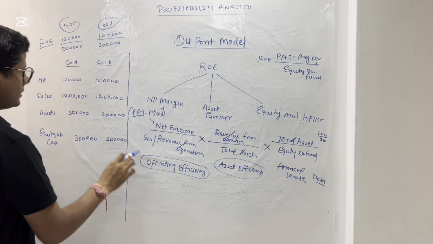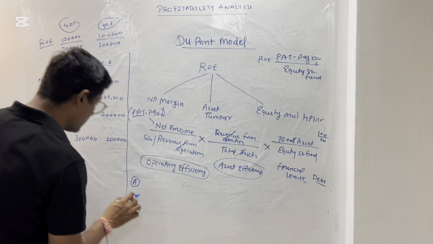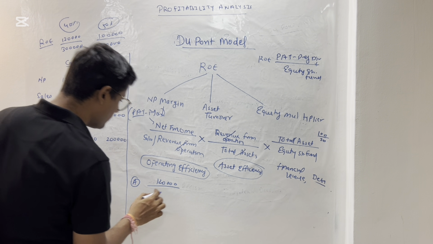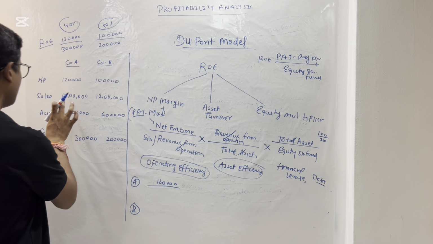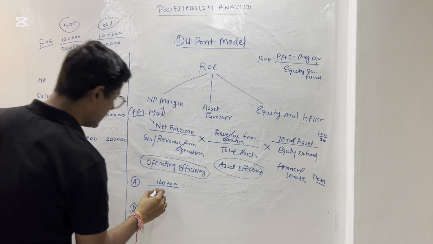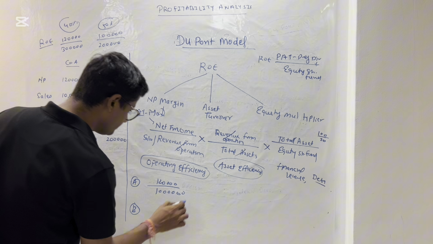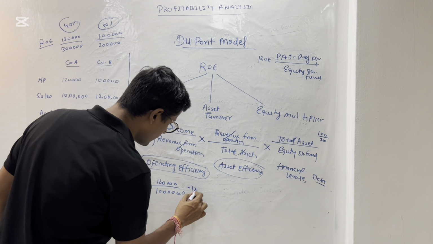So let's see the net profit margin. For company A, net profit is 120,000 and sales or revenue from operations is 10 lakhs, or 1 million. So this is 12%.